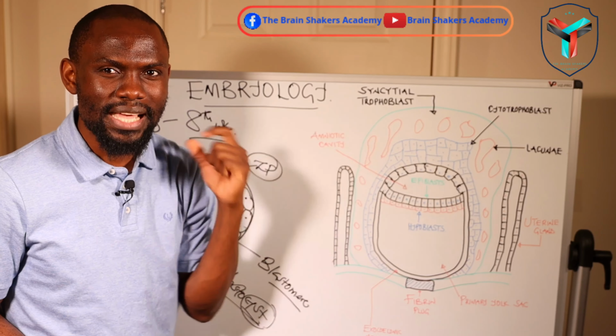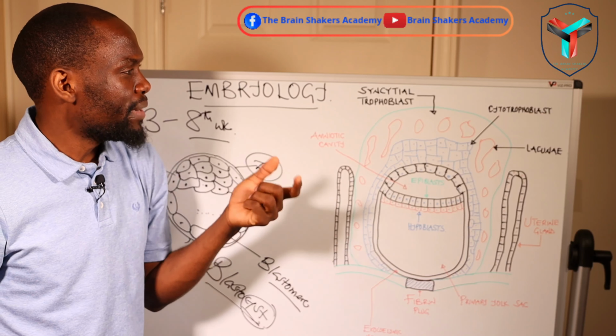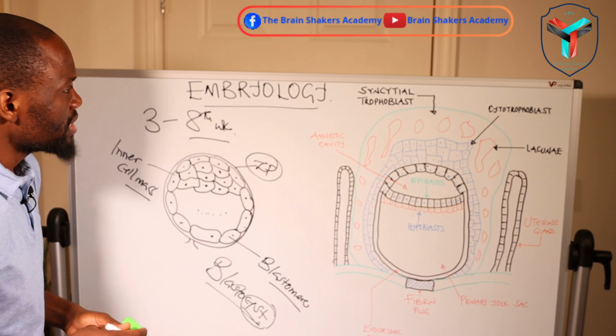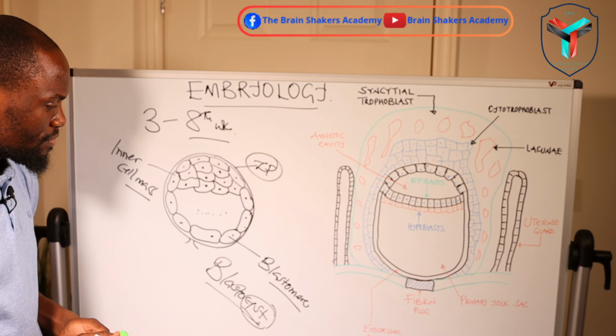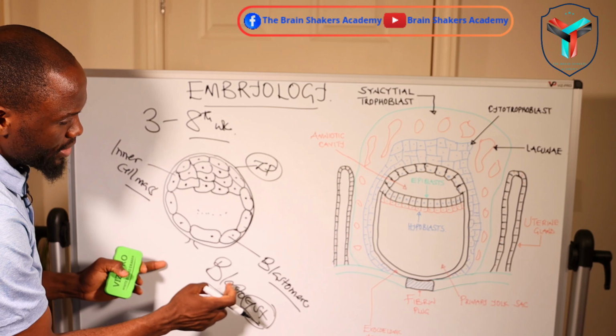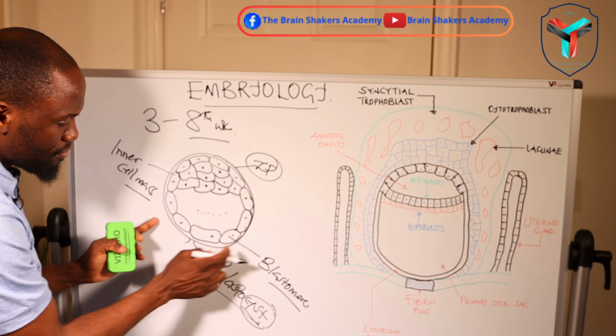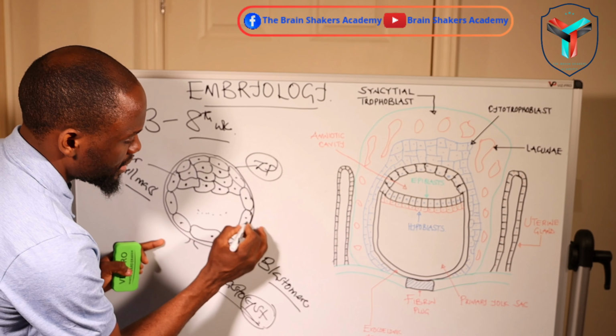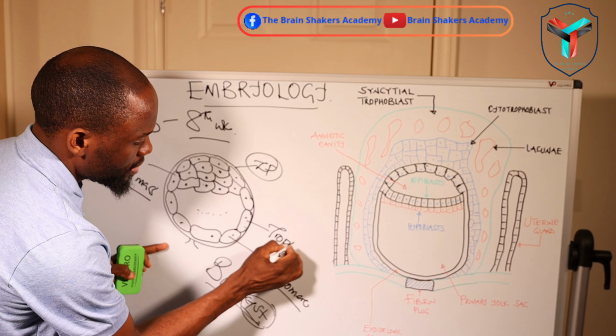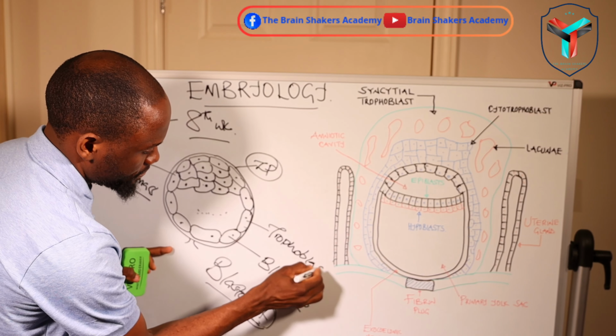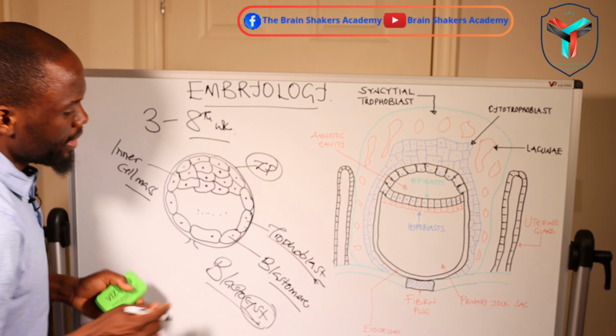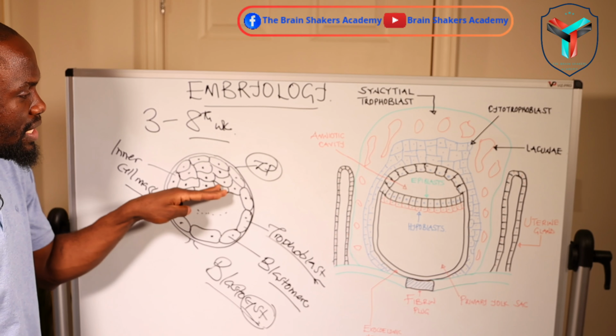The cytotrophoblast has mitotically active cells as compared to the syncytiotrophoblast. All of that emanates from the trophoblast, the cells that are around here. Now, apart from the trophoblast, you have the inner cell mass.